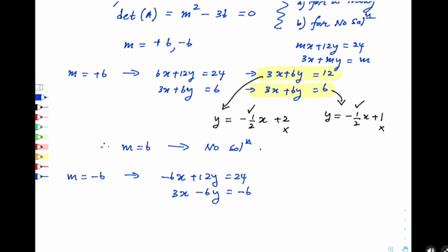Okay, so now if you simplify this a little bit, we are going to divide this by minus 2, yeah? So it's going to be 3x, minus 2 means minus 6y, minus 2 is minus 2, so this is going to be 3x minus 6y is equal to minus 6.